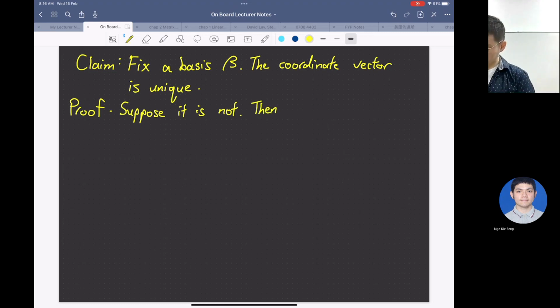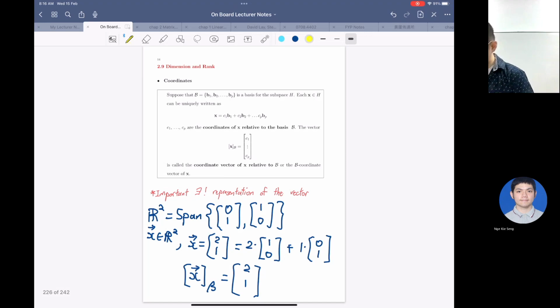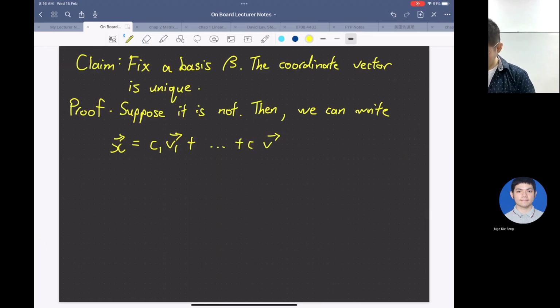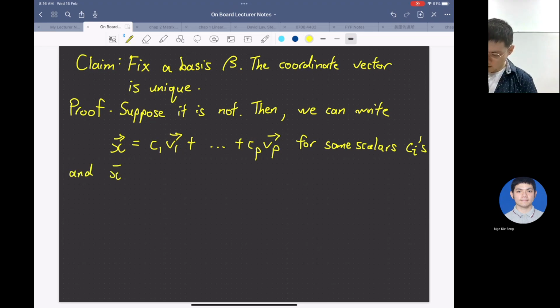Then you can write x equals C1 V1 up to Cp Vp, for some scalars Ci. And possibly you can write it in another way.